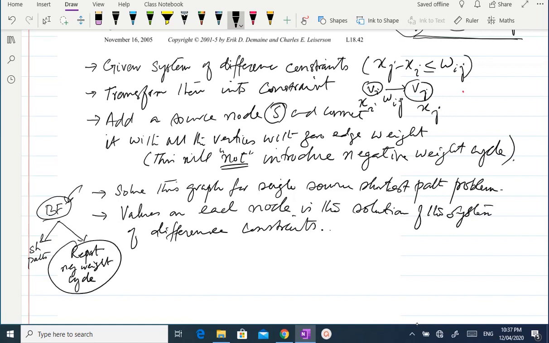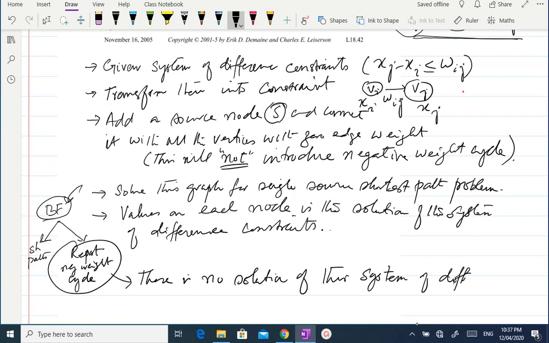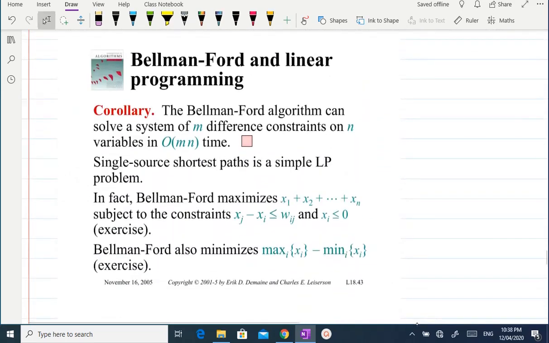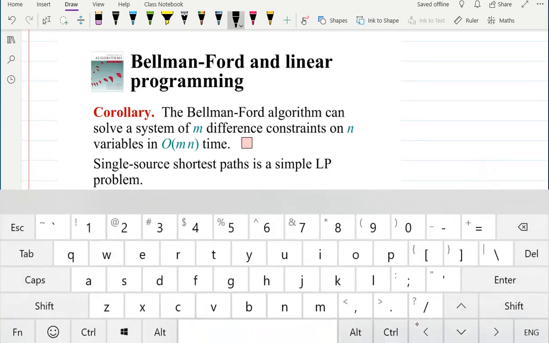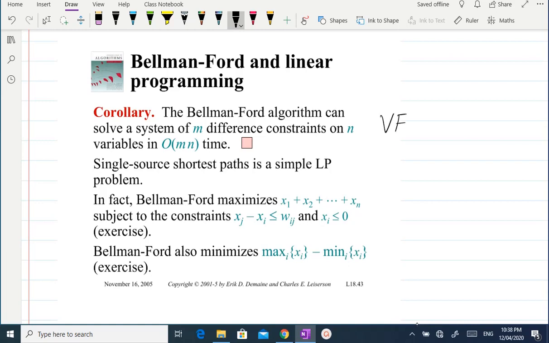In this case, you just have to write that there is no solution of this system of difference constraints, right? So the Bellman Ford algorithm can solve this system. I think you already know that we have a VE somewhere, so this is the time complexity of the problem.